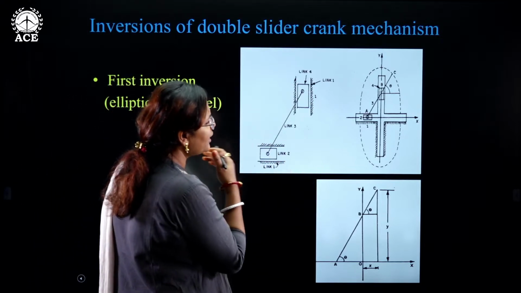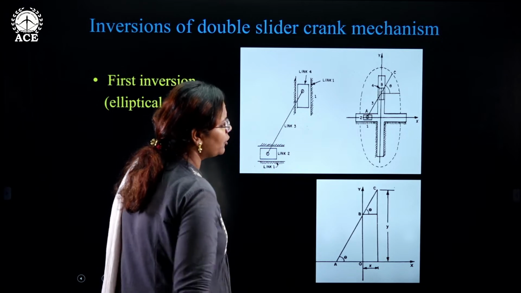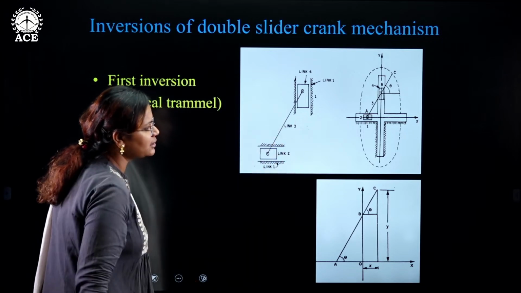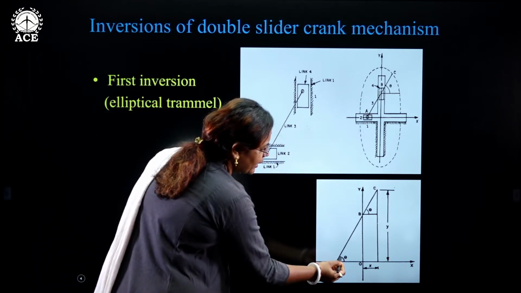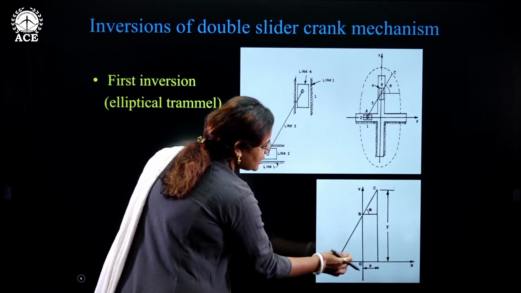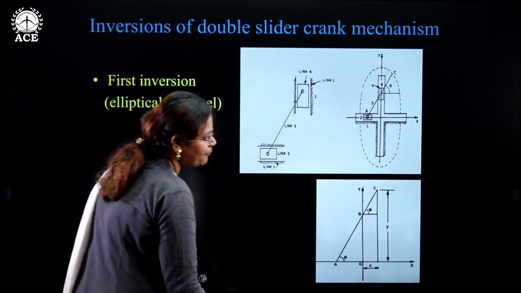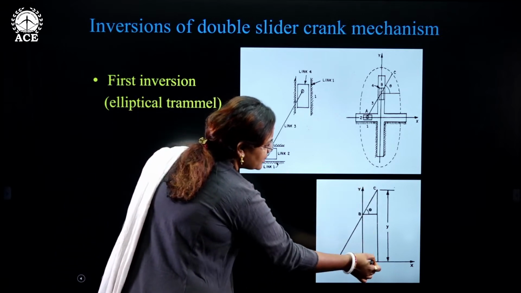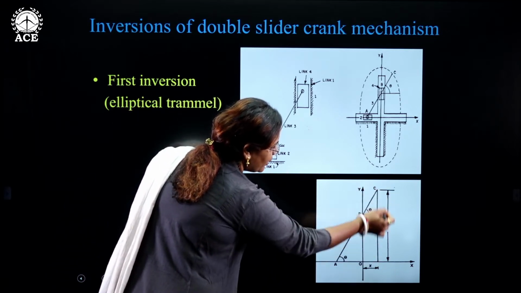Now how to show if it is giving a perfect ellipse or not? Let us convert that into mathematical terms. Let us say it is making some angle theta here, since it is parallel lines. So I can say if this is theta, this is also theta. And the distances, let us say, are x here and y here.